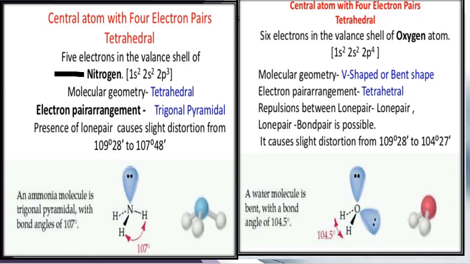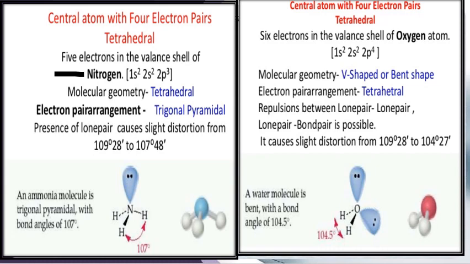So it will share 3 bond pairs with the hydrogen atoms, and the lone pair will hold the apex of this nitrogen. So there are two types of repulsions. One is bond pair to bond pair repulsion. The other one is bond pair lone pair repulsion, right?